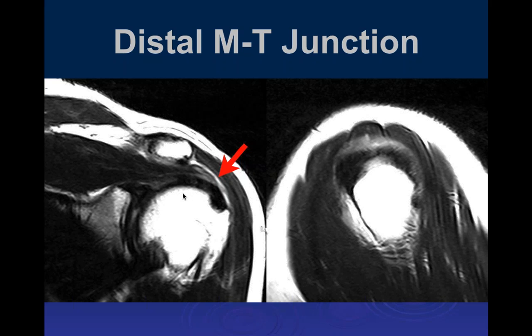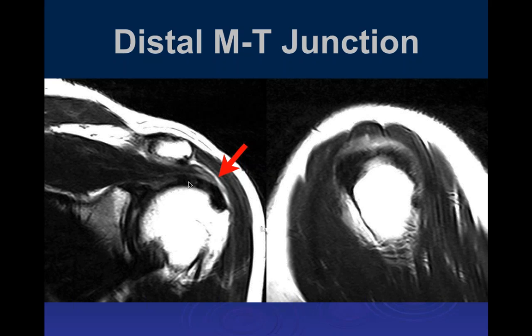But he could wrestle just fine, but he couldn't carry his suitcases because when his arms were down at his side and he picked up a suitcase, he got intense shoulder pain. And when we did his MR scan, we found a lot of edema within the distal part of the muscle, and his musculotendinous junction was very distal here. So he had actually symptomatic impingement, but it was due to the fact that he had this anomaly.